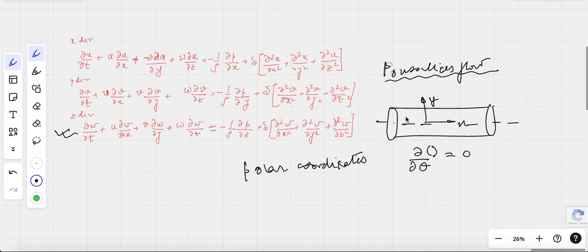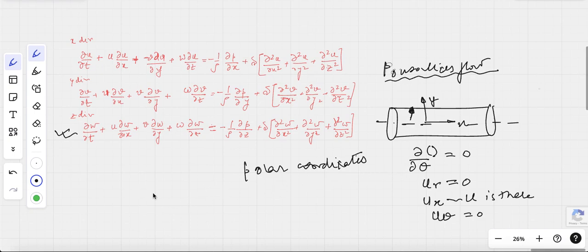Okay, there is no radial flow, so ur terms are 0, only ux or only u is there, right? U theta is also 0.